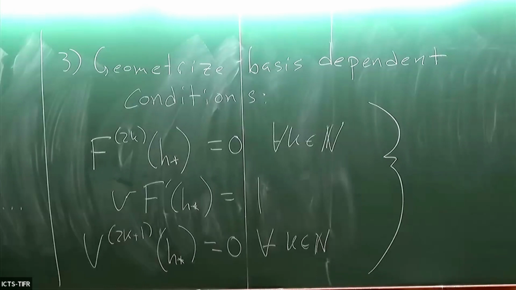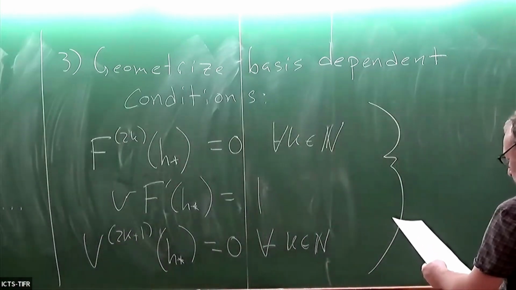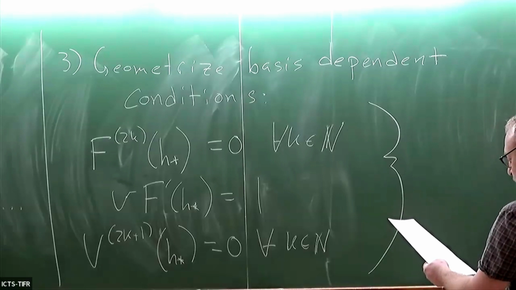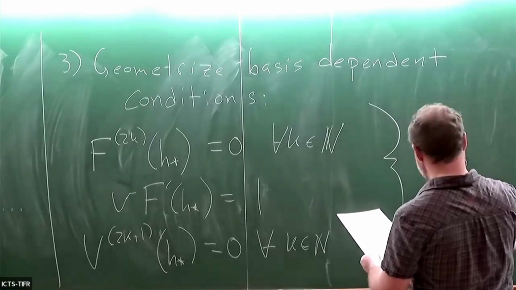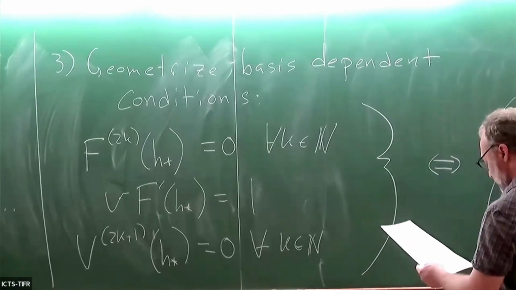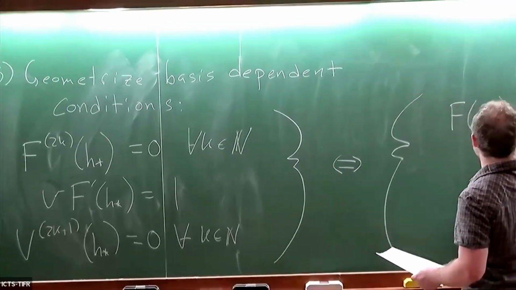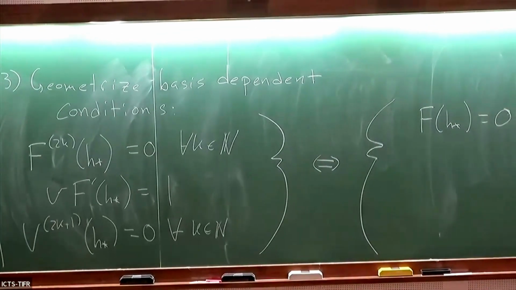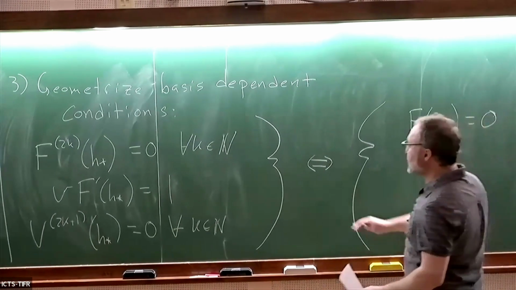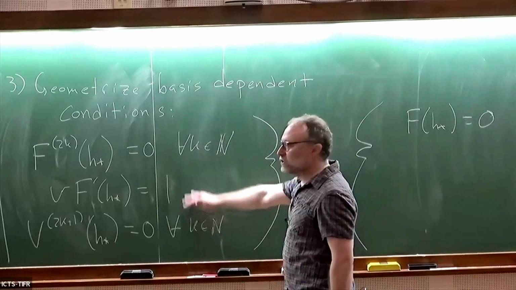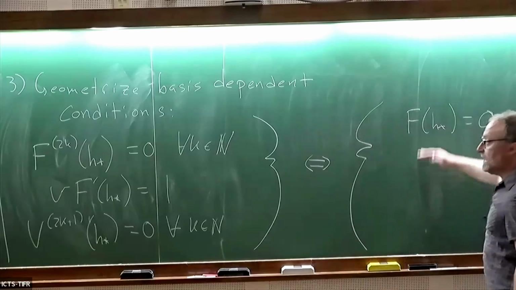So these three conditions together can be translated into the following. We want f of h star equals 0, which tells us the existence of a fixed point. Again, these are the Lagrangian level statements. These are the geometric statements.